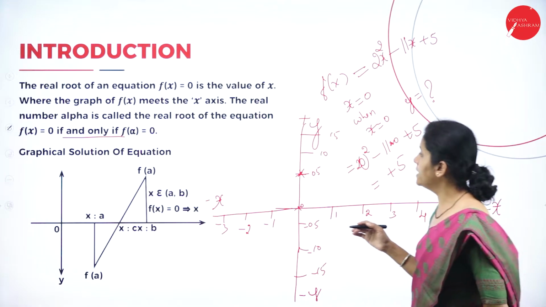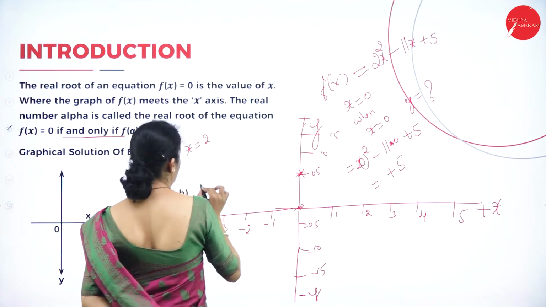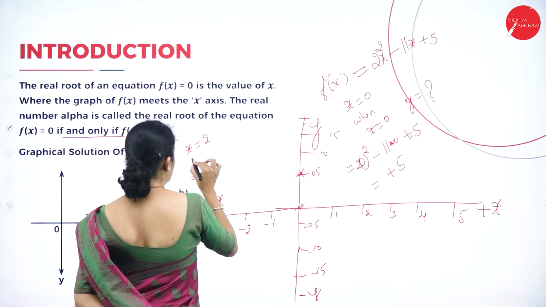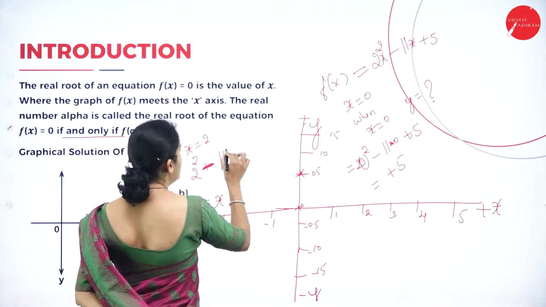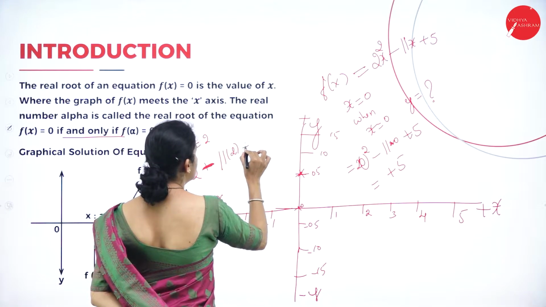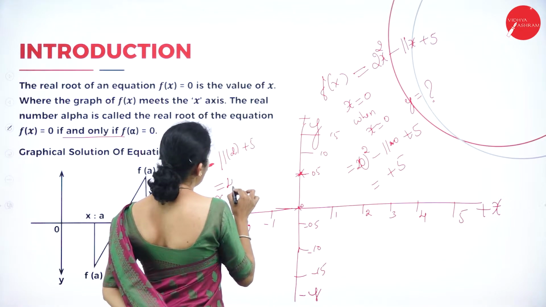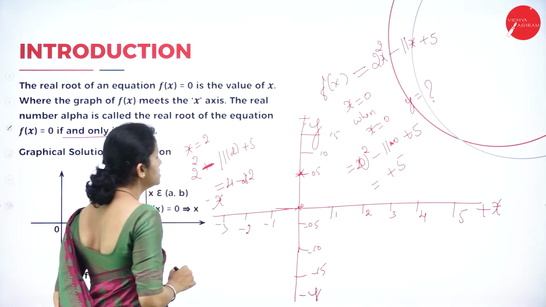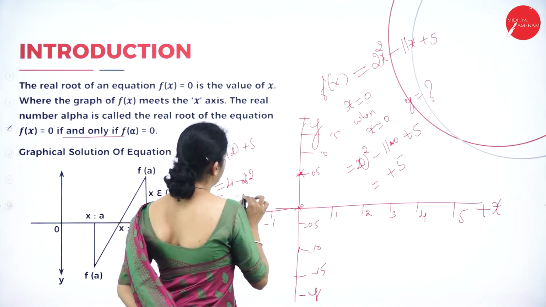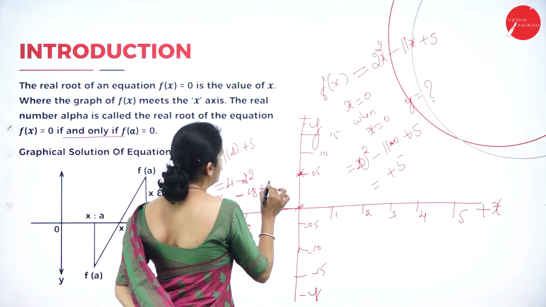Now randomly I will take x equal to 2. So 2 square minus 11 into 2 plus 5. So it is 4 minus 22, so it is minus 18 plus 5.